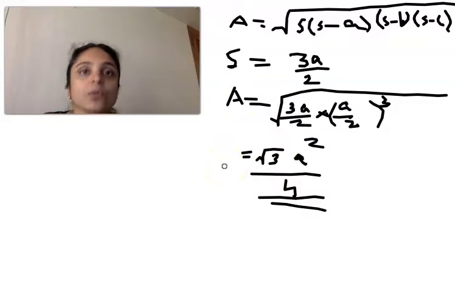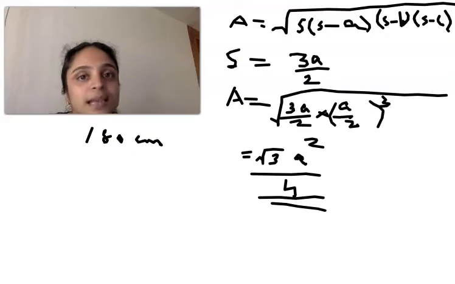Okay. Now we have to find the area when the perimeter is 180 centimeter. So what are the sides? Since this is an equilateral triangle, the sides are all equal. So 60 plus 60 plus 60 is 180, which means the side of the triangle is 60 centimeter.